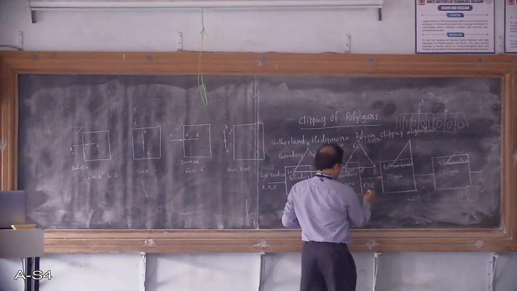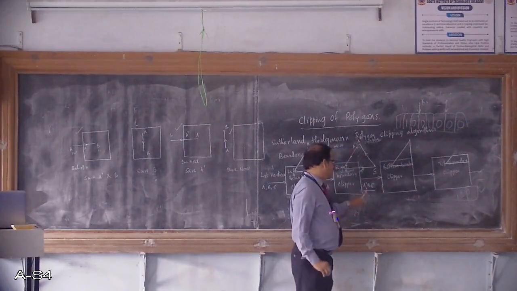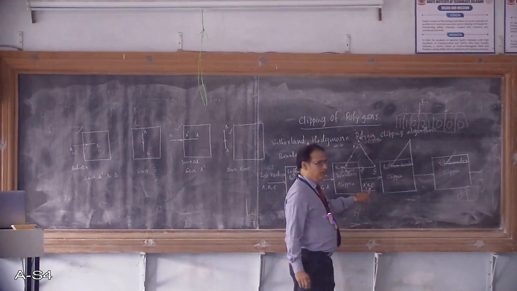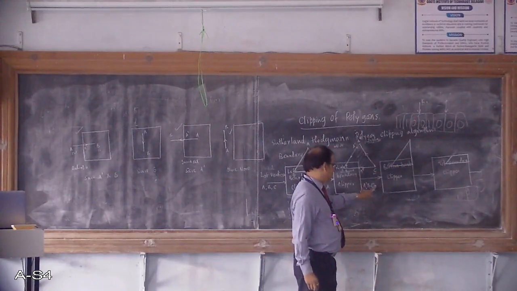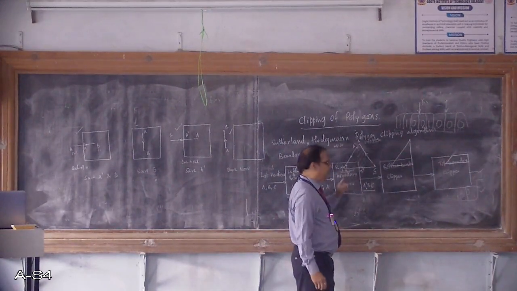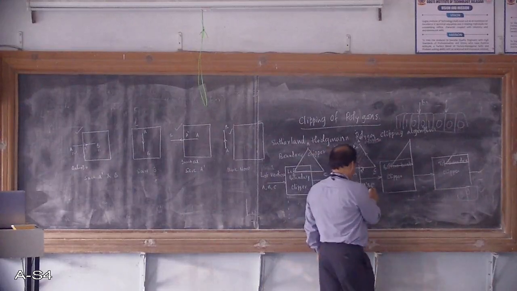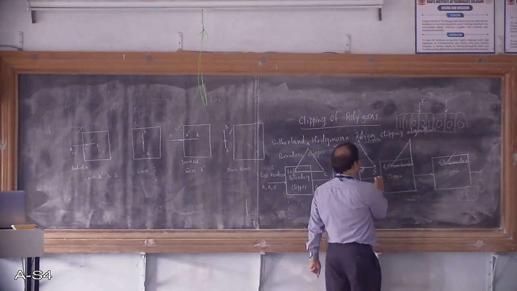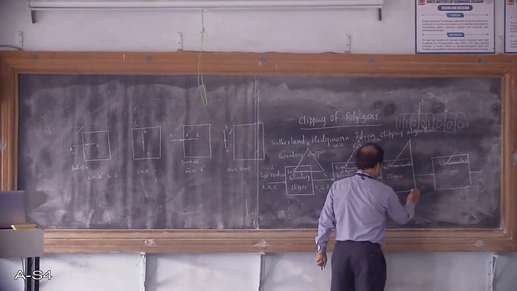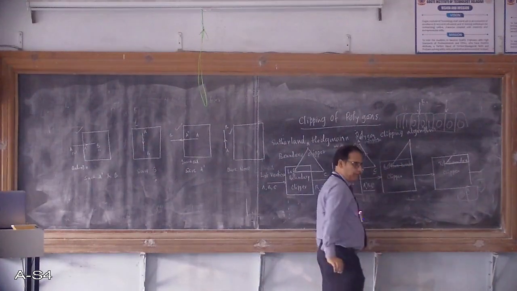The result of this is saved here: A dash, B, C. So these are the vertices which remain after applying the right boundary clipper. And now these three vertices will act as the input list of vertices for the next boundary, that is the bottom boundary clipper.